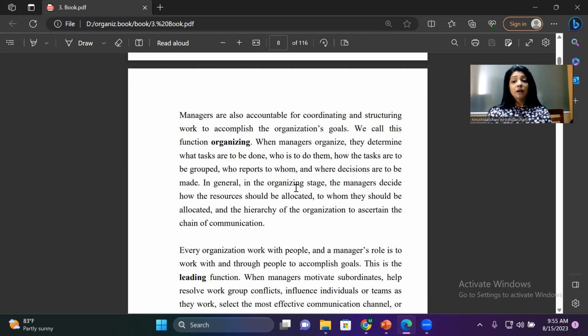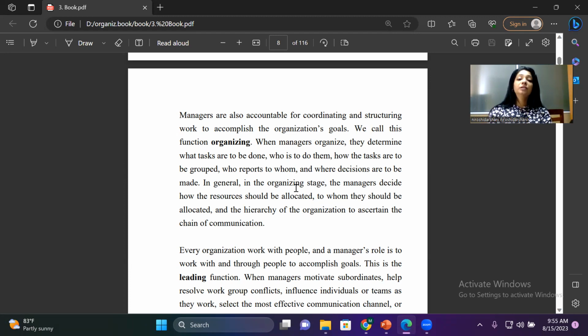Then you decide how we are going to organize them. Which people should be allocated to each activity? Which resources should be allocated to each person? That is important for you to focus on, okay? That's what we call organizing.